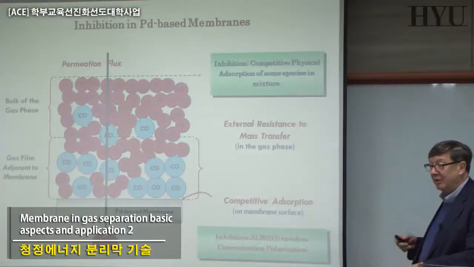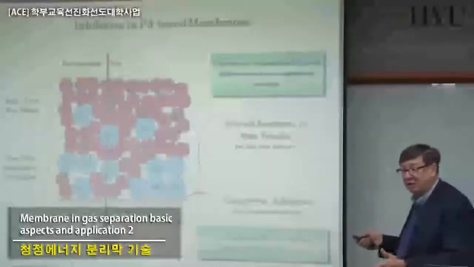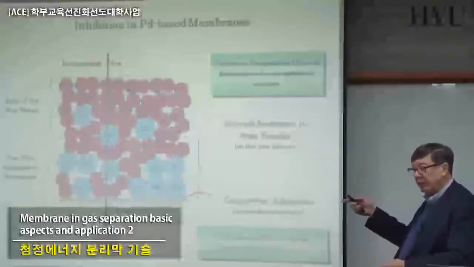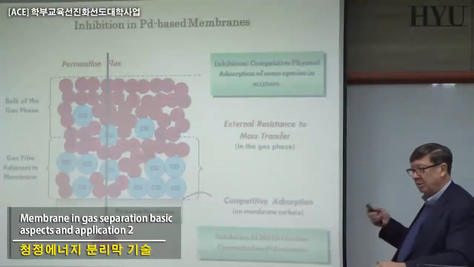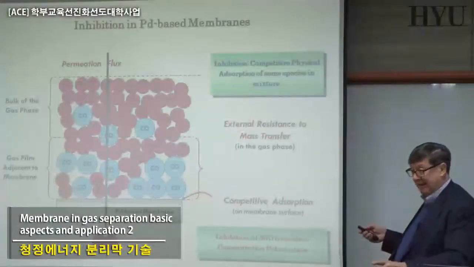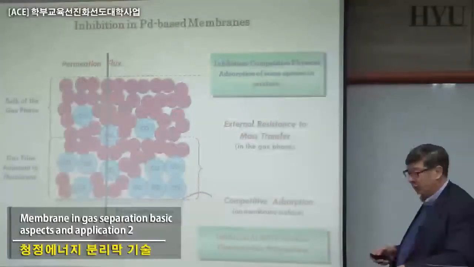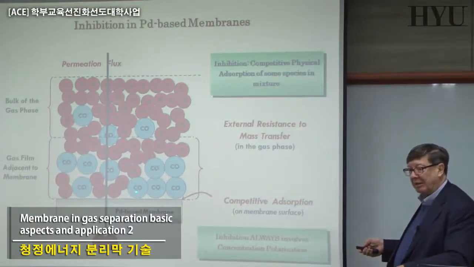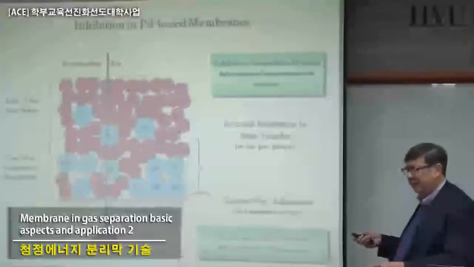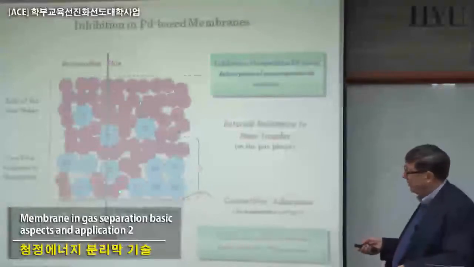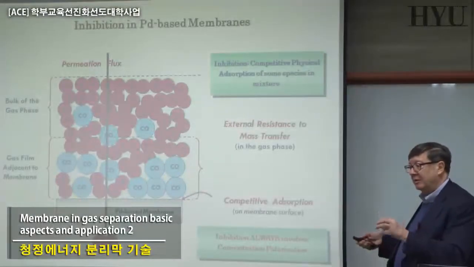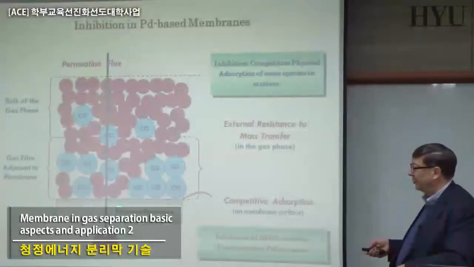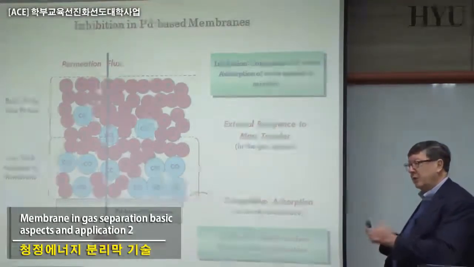Before, we were considering the case in which there is no interaction between the other components: nitrogen, oxygen, water, any other gas does not penetrate the palladium. CO does not penetrate but can interact with palladium. There is a kind of fouling effect, which means it occupies part of the active sites on the surface where hydrogen is interacting.